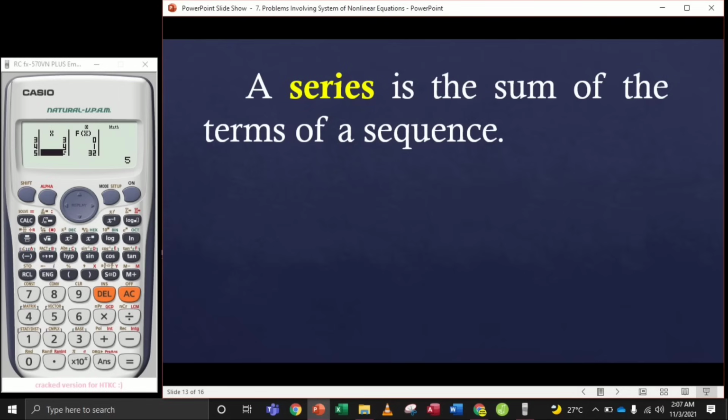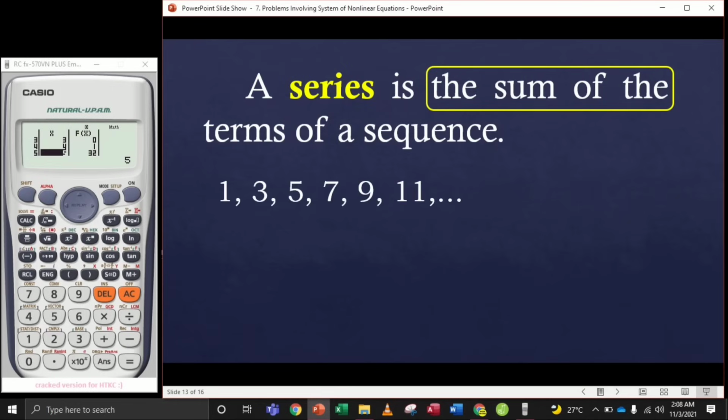So proceed tayo sa series. Pag sinabi natin series, it is the sum of the terms of a sequence. Okay, sum. Ibig sabihin, kapag inadd natin yung given na sequence, series na tawag doon. Okay, so yun ang tatandaan nyo, yung sum of the terms of the sequence. So, for example, may given tayong sequence.